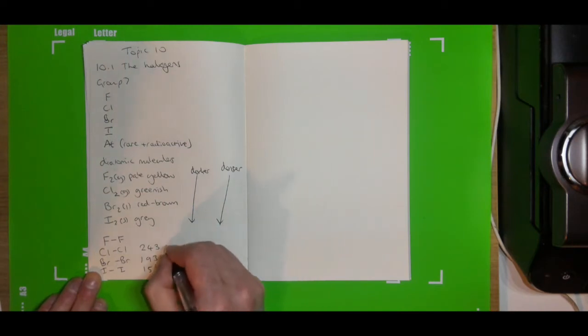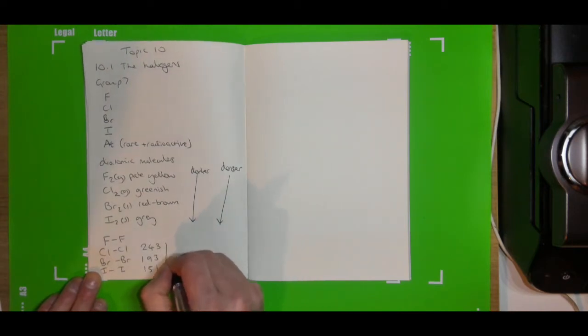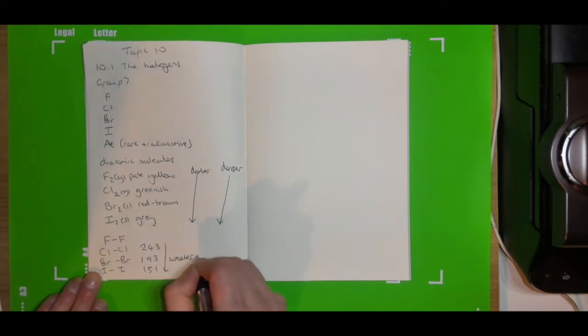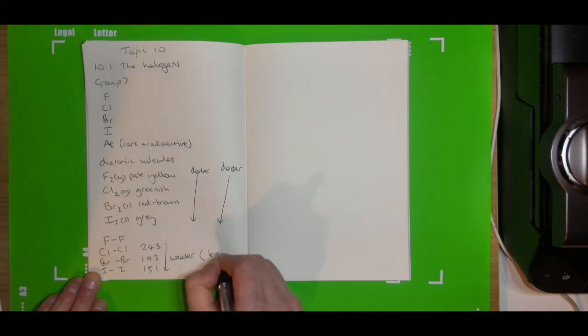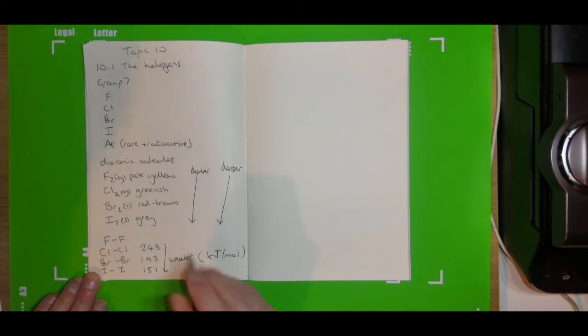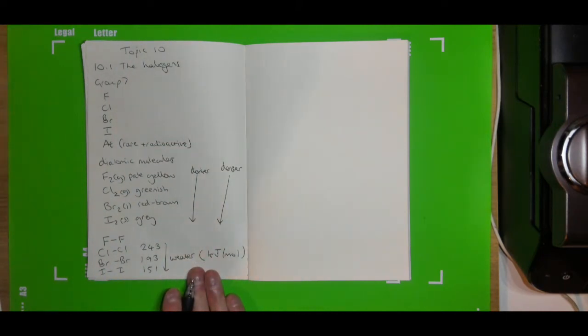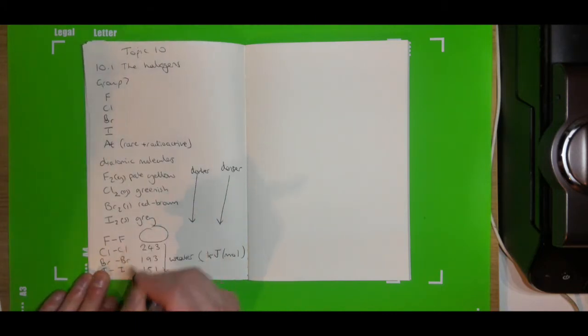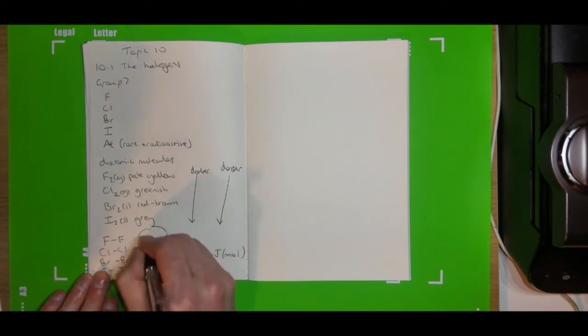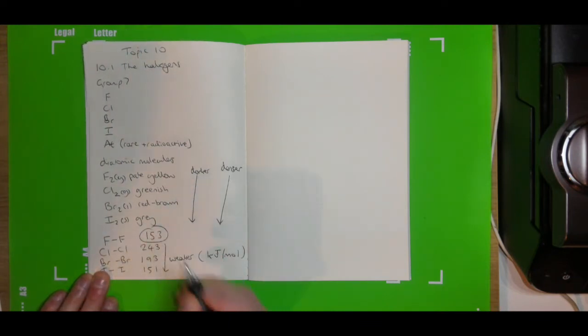So you can see that the general trend is that they get weaker. Remember, these are measured in kilojoules per mole. So they get weaker as they go down that group. So these bonds are easier to break. However, there is an exception, and the exception here, which doesn't fit the trend, is fluorine. So that is weaker than it should be.